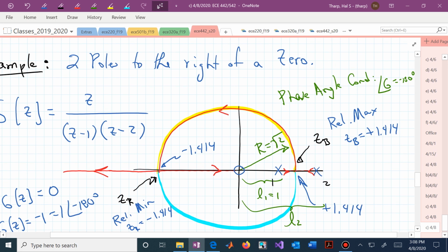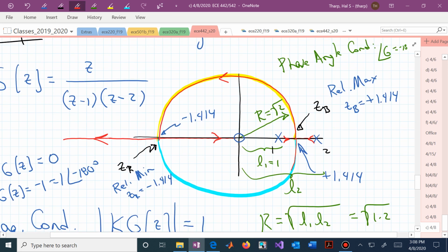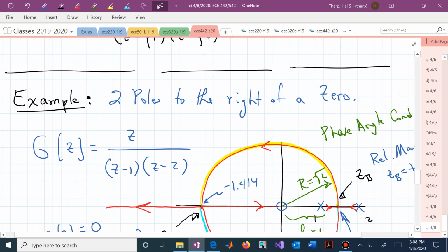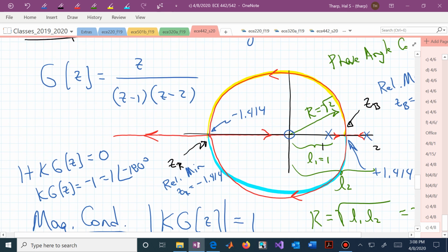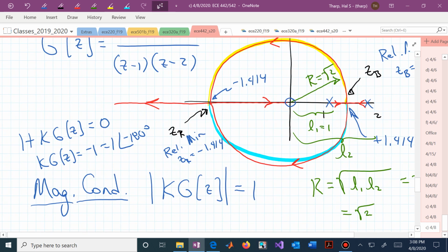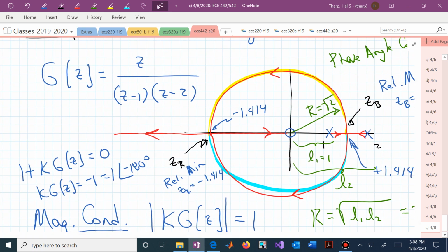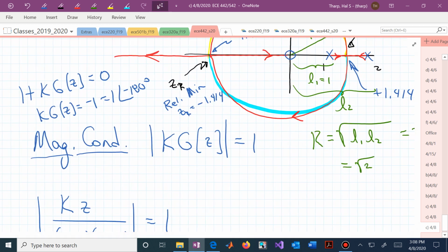As we crank up the gain k, we move on that circle. It's a circle of radius, square root of 2. And now we know how to sketch root loci for this special case of 2 poles to the right of a 0. We just verified that for a particular numerical plant of z over z minus 1 times z minus 2. 2 poles to the right of a 0.